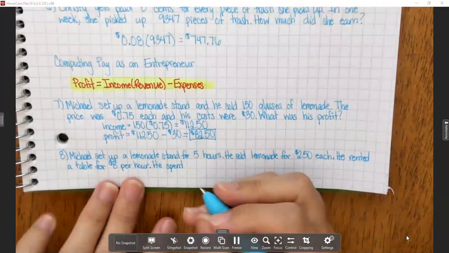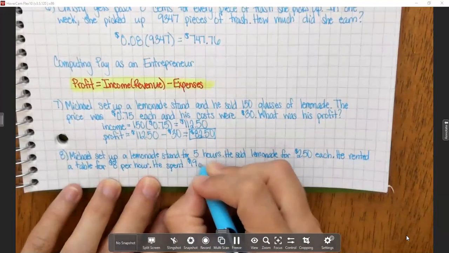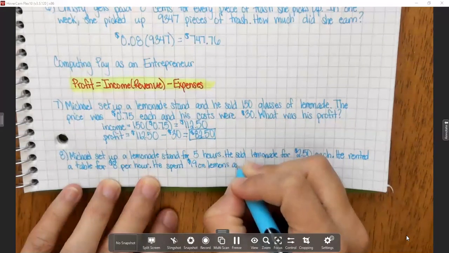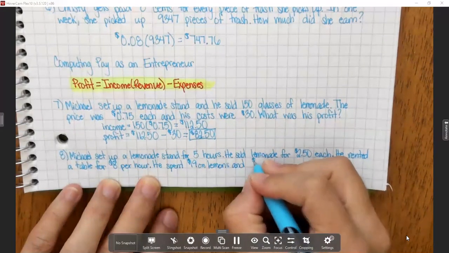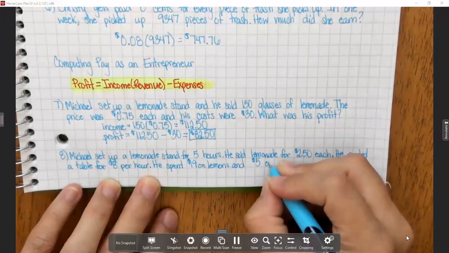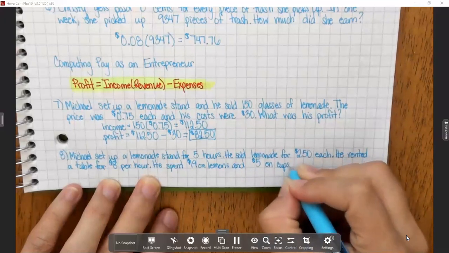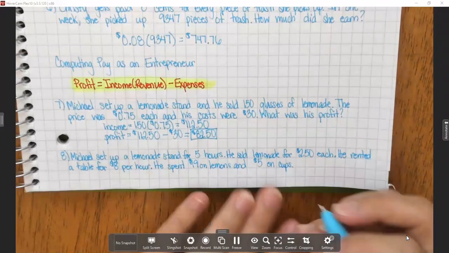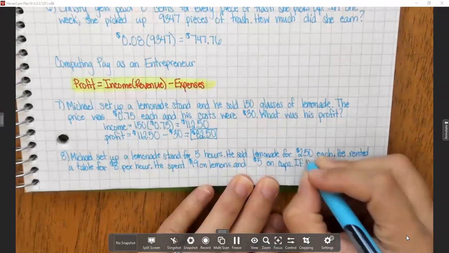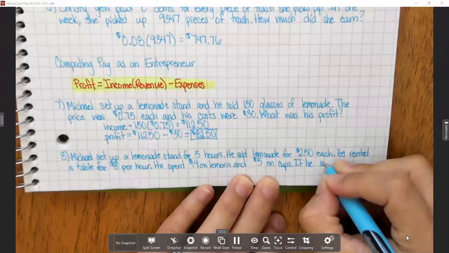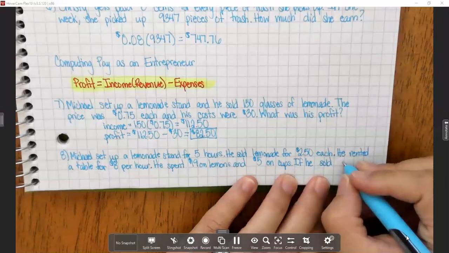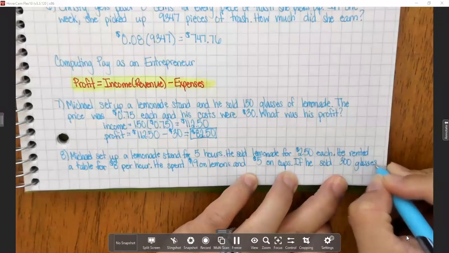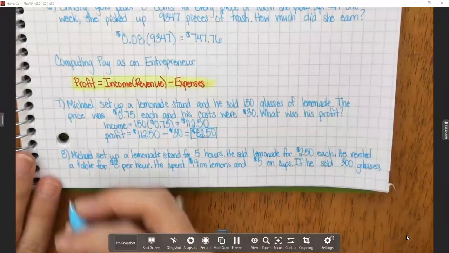He spent $19 on lemons and $5 on cups. If he sold 300 glasses, what was his profit?